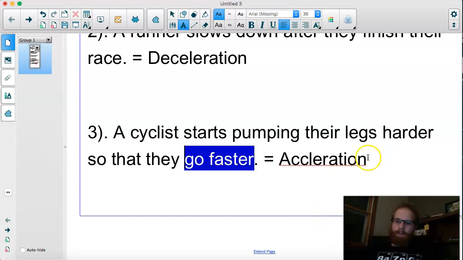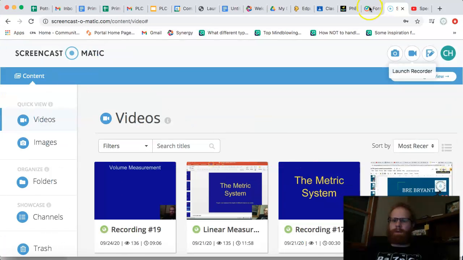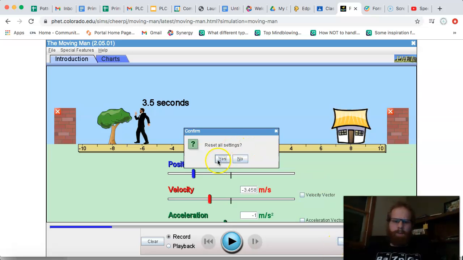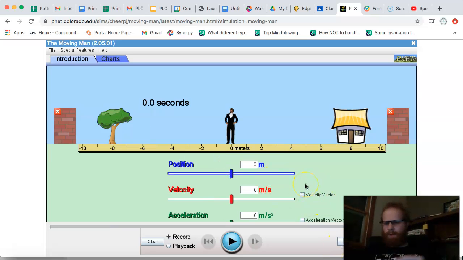Cool. Here, I'm going to go and pull up the game that we were playing a few days back. This is the moving man activity. Not everybody played it, but we had a number of students that were able to get this pulled up. And I just kind of want to show you guys a couple of really interesting things. So you'll notice right now that the guy, his position is at point 0.